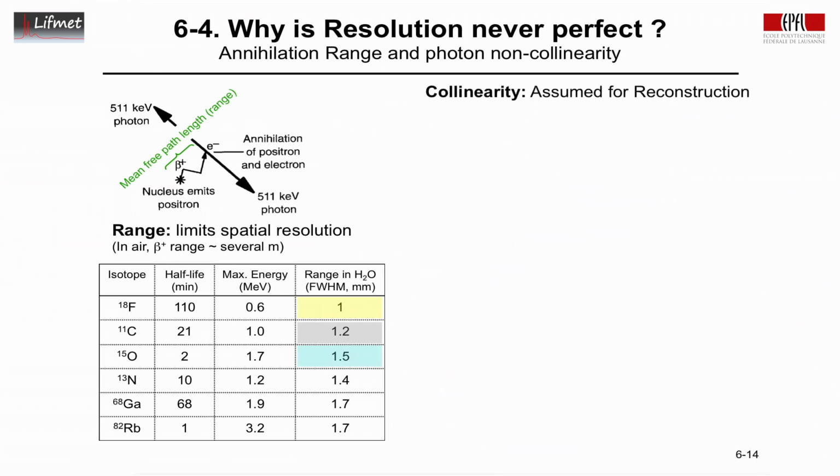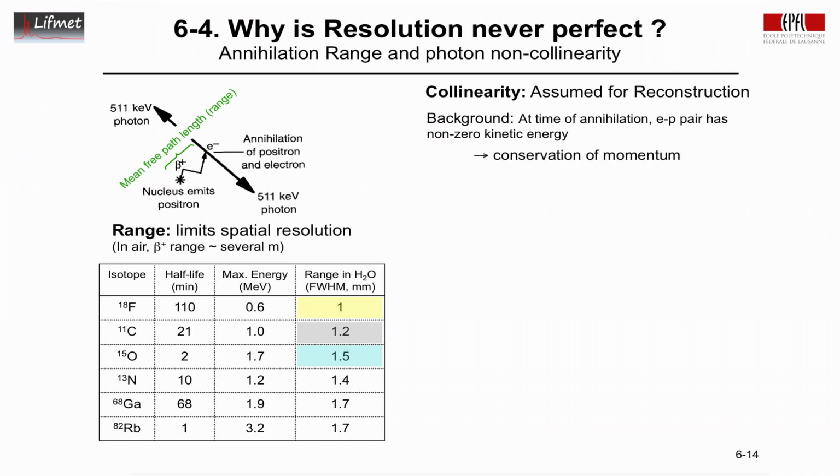Now there is another effect, and that is we have assumed collinearity of the photon pair for the reconstruction. The background of this is that we have assumed that at the time of annihilation the electron-positron pair has zero kinetic energy. Now in reality they will have non-zero kinetic energy, and we have conservation of momentum to consider. So let's have the nucleus here.